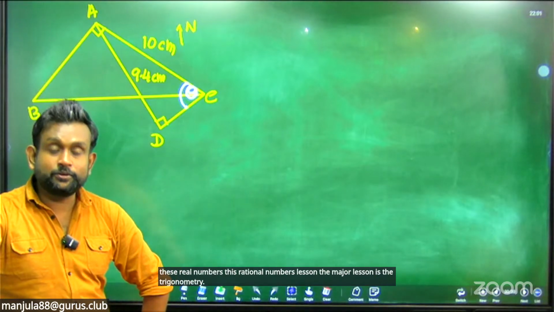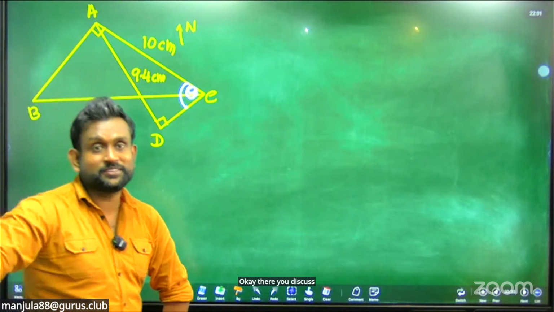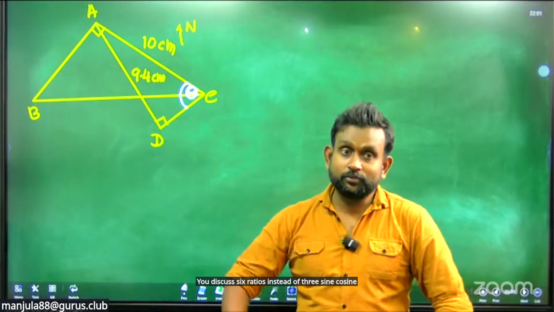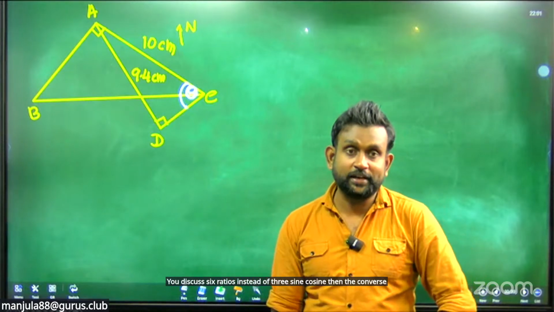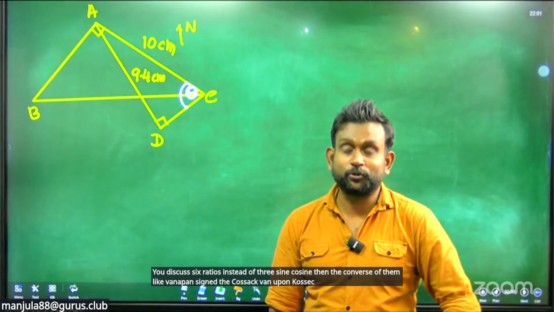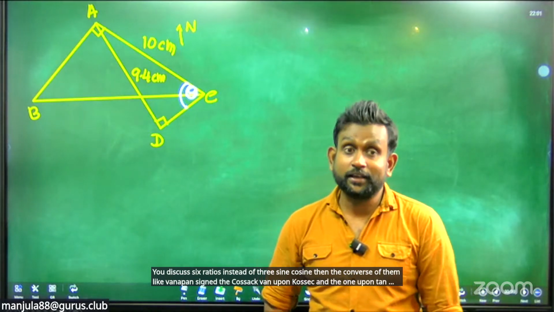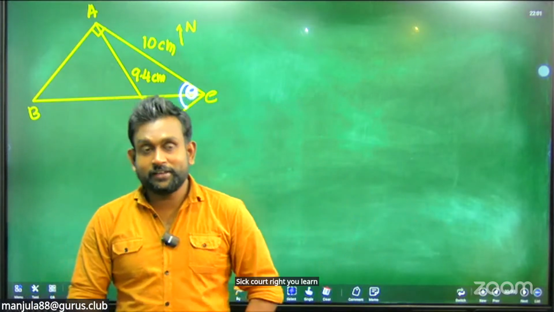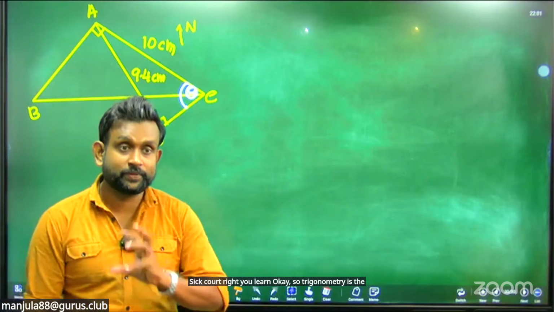There you discuss 6 ratios instead of 3. Sin, cos, tan, then the converses of them, like 1 upon sine, the cosec, 1 upon cos, sec, and 1 upon tan, cot. Cosec, sec, cot, right? You learn. Okay. So trigonometry is the heart of pure maths, right?